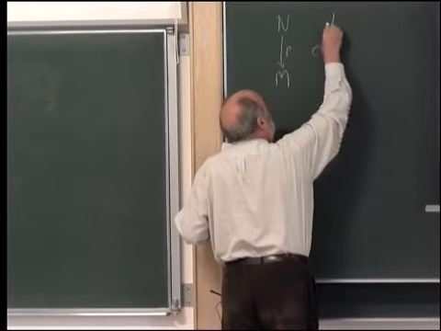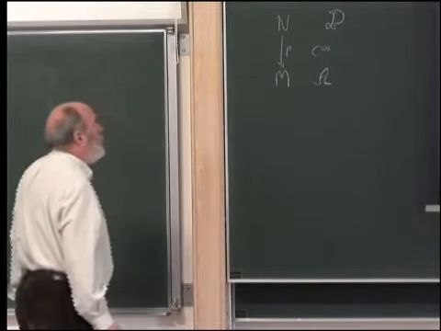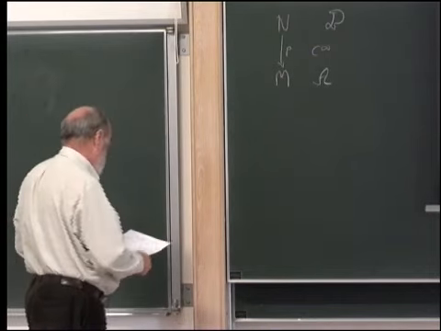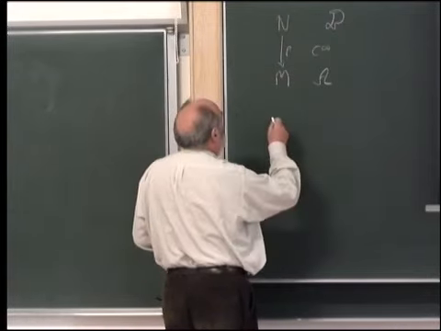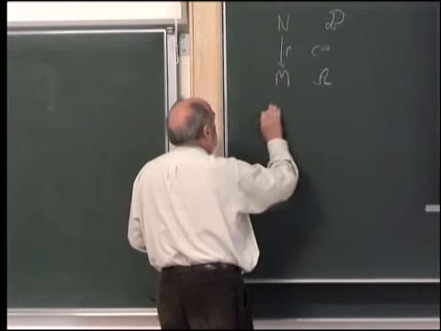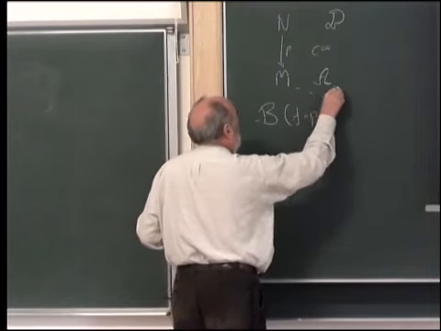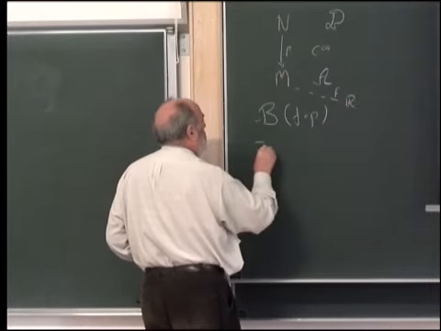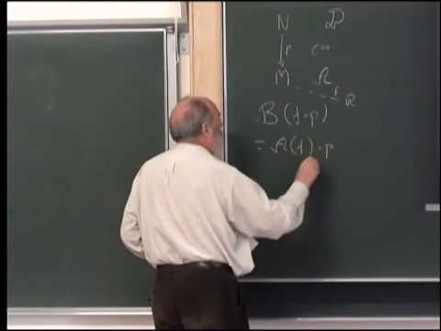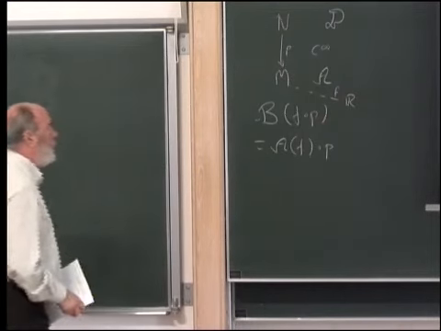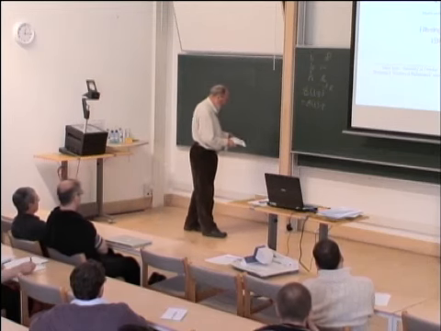We have a diffusion operator here and a diffusion operator here, which are intertwined by P, so that if we look at B of F composed with P, for F from here to R, then this should be equal to A of F composed with P for a sufficiently smooth F. So that's just that basic intertwining relationship between two diffusion operators.